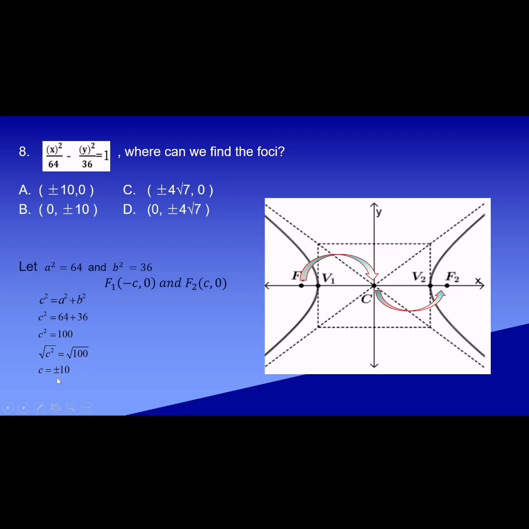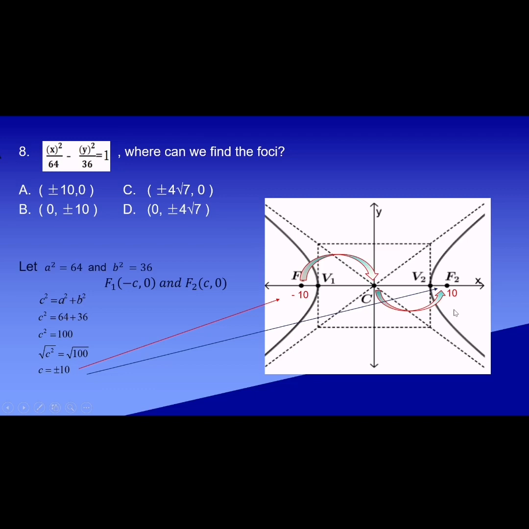Get the sum, 64 plus 36 is 100, and take the square root of both sides. The square root of 100 is 10. To locate the foci, this is the value of our foci, negative 10 for F1. For F2, since it is on the positive x-axis, we make it positive 10.